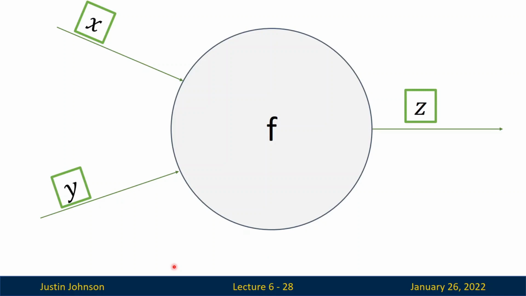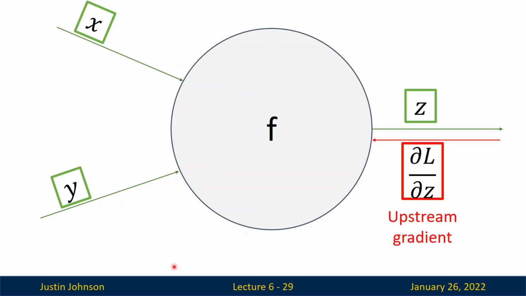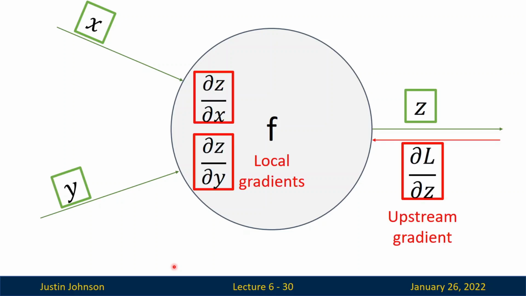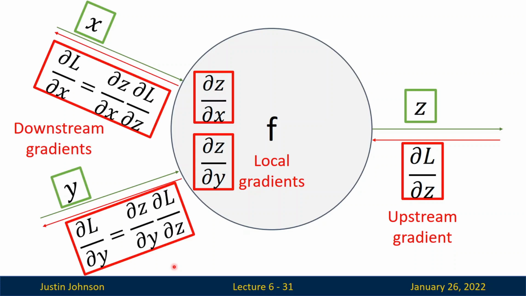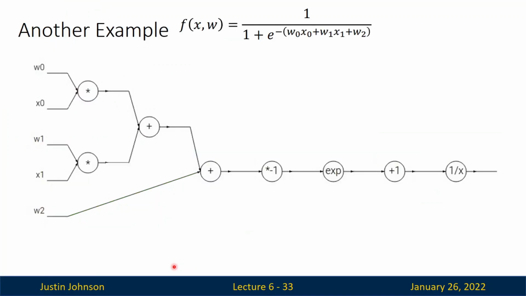So when we have an upstream gradient, we can calculate its local gradient and multiply them, then we can get the downstream gradient. So this is just one step. And for the following downstream gradients, we calculate them using the same method.